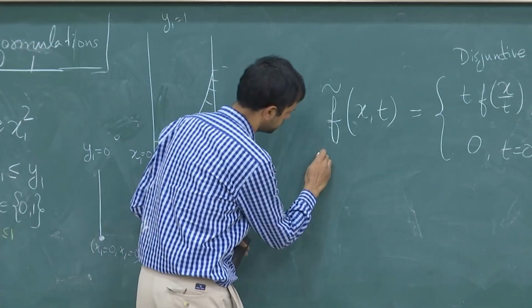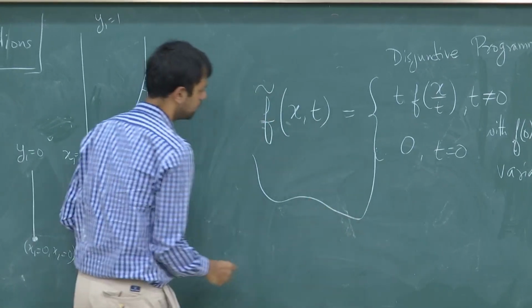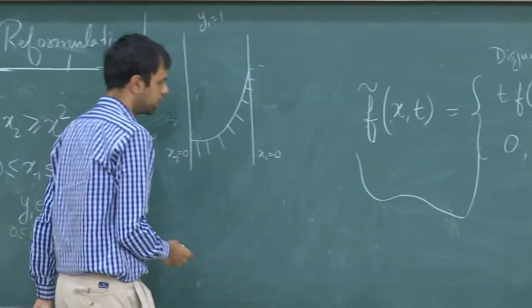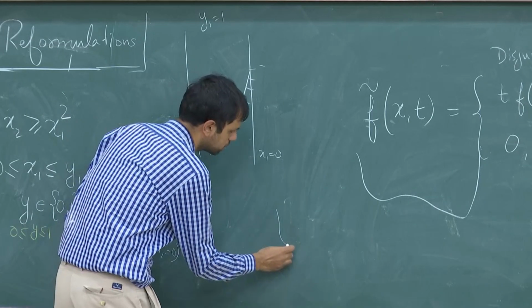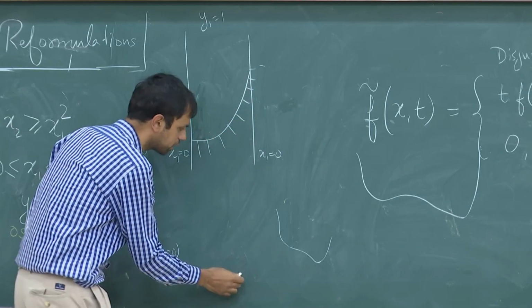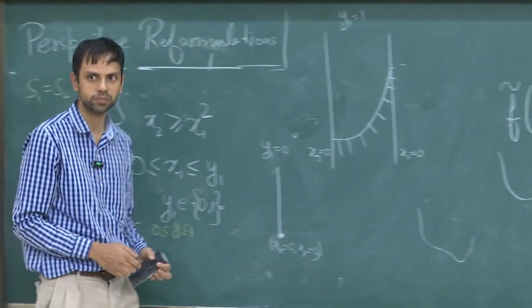So if you look at a function from a distance, it will look the same shape but smaller and smaller, and it will converge to some point.